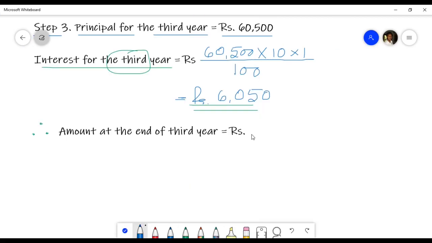So therefore the amount at the end of the third year is equal to principal plus interest. Principal of the third year plus interest for the third year. Principal is rupees 60,500 plus the interest that we just found out, rupees 6,050.